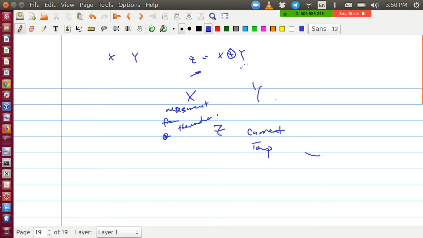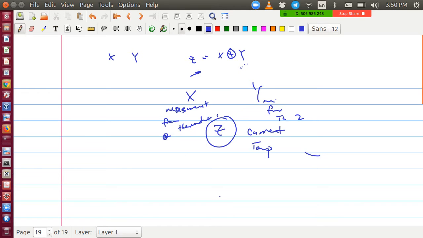This is from thermometer 1, and this is a measurement from thermometer 2. Given z, x and y will be independent of each other.